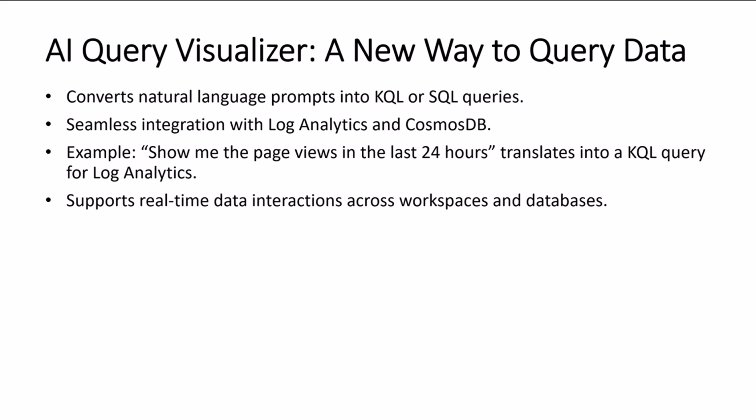Workspaces here means Log Analytics; they call it a workspace. And the databases can be any database. Today we're going to use CosmosDB SQL API as an example, but you can do this against any database engine, for example SQL Server or MongoDB or whatever database of your choice.